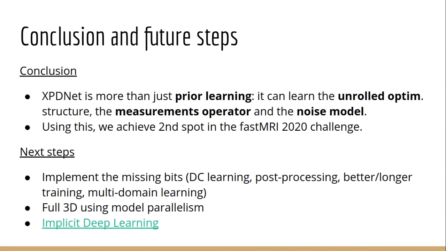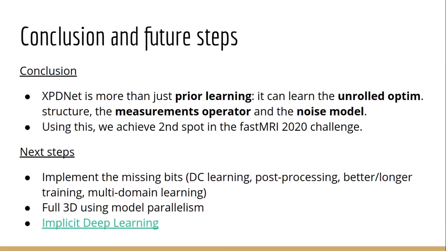I'm going to try to incorporate the elements of the solution of the winner in my solution. But it's unclear whether this is going to bring substantial improvements because I really don't know exactly what they did.